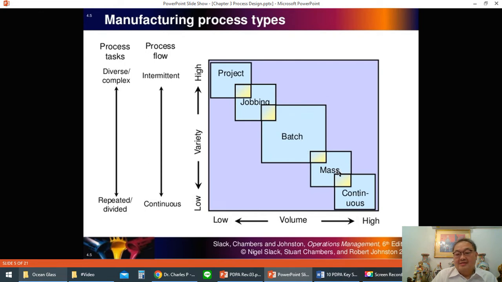Also batch, mass production, and continuous. Continuous, you might have low variety but high volume because you produce continuously all the time, right? So it's difficult for you to change for more variety. But of course, for the volume, you can produce higher volume than the other process types. Okay.